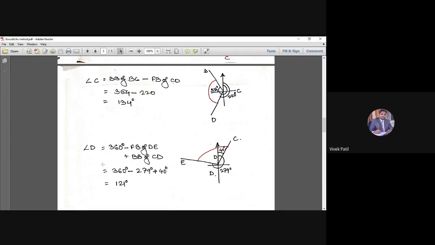Have you got it, the check? Yes, sir. What is that? 540. Both are 540.